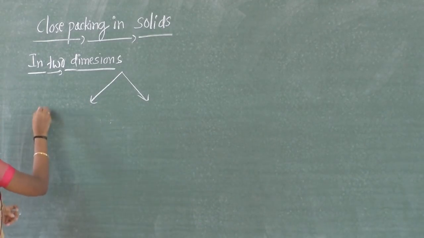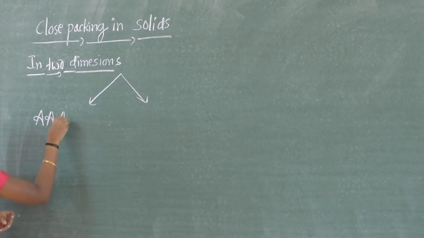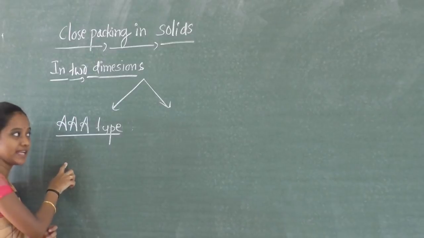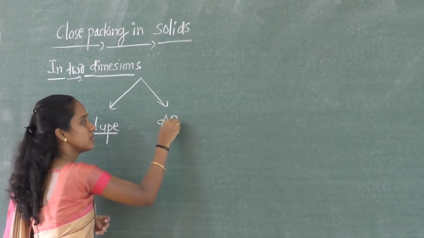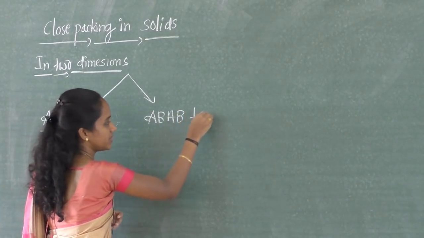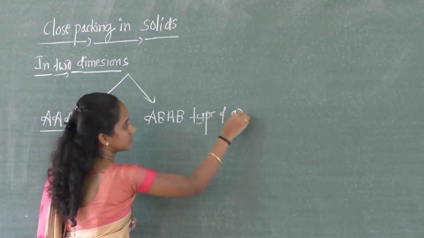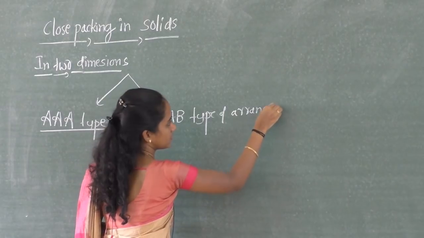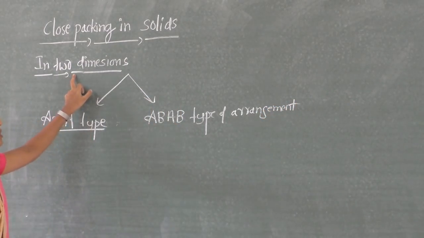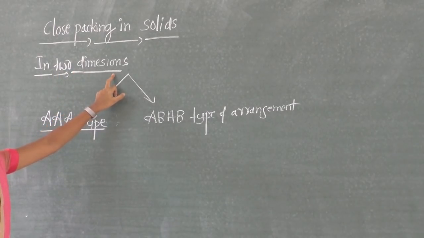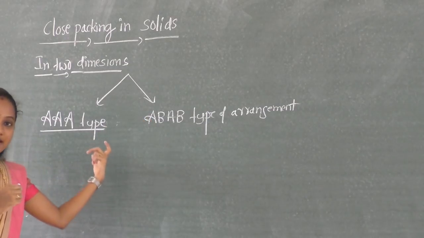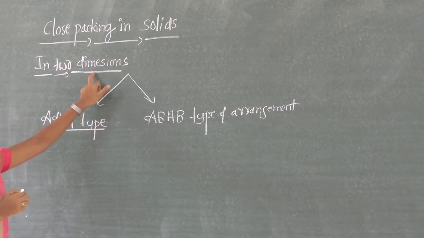They are AA type of arrangement and AB type of arrangement. Clear? So now we have to consider 2 dimensions, either length or breadth, or x and y axis. So 2 directions we have to choose.